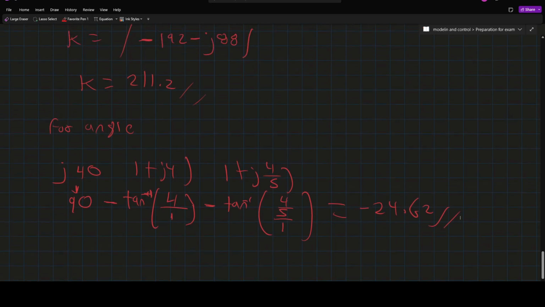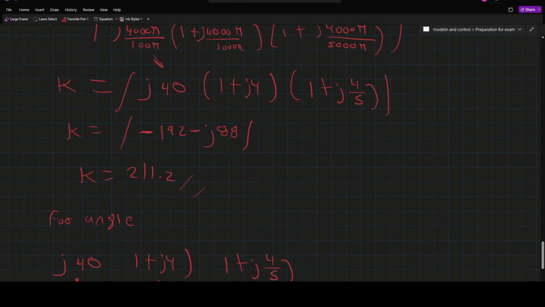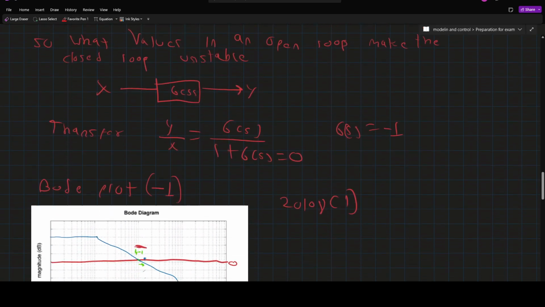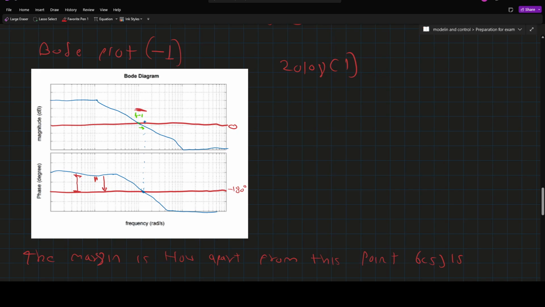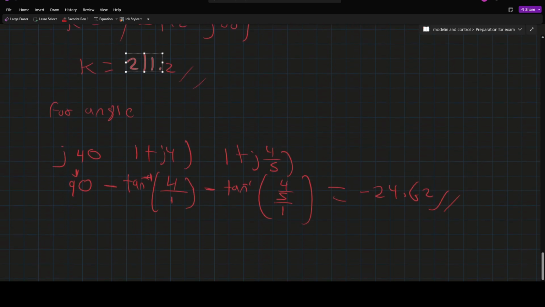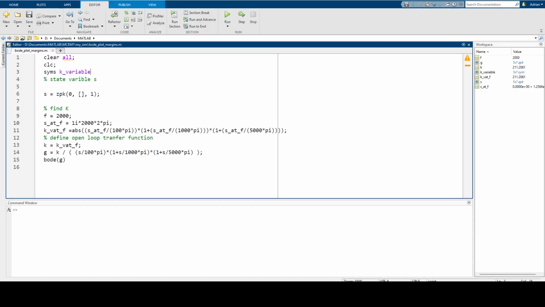Okay, so this is the angle and the frequency that make us cross the minus 180, or the Bode plot of -1. And now it's asking us to do it in MATLAB. So here I already have the script. First, I'm just clearing everything, so we start with something new.